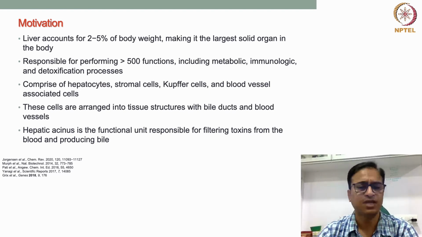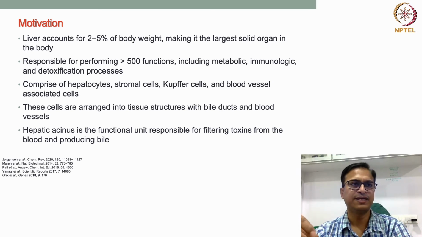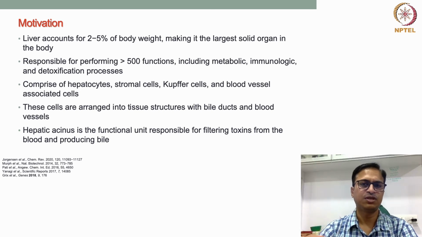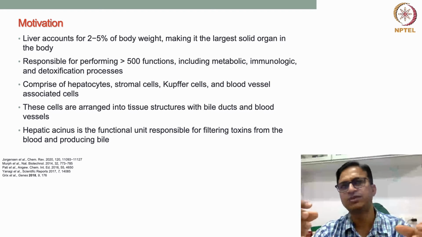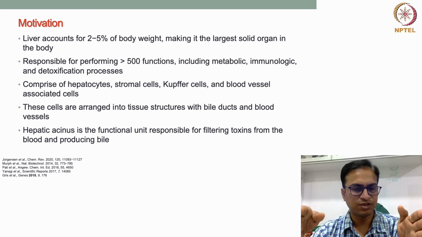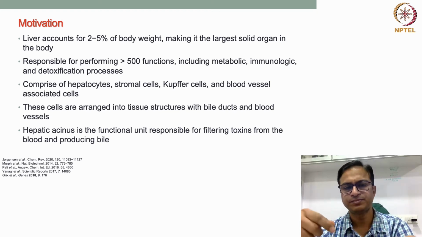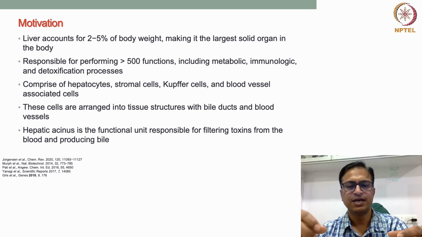Liver has a very typical structure where the blood vessels and the bile duct form a portal triad. A liver lobule is the structural unit of the liver, where there are sinusoid-like structures made up of bile ducts, blood vessels, and the liver cells like hepatocytes.